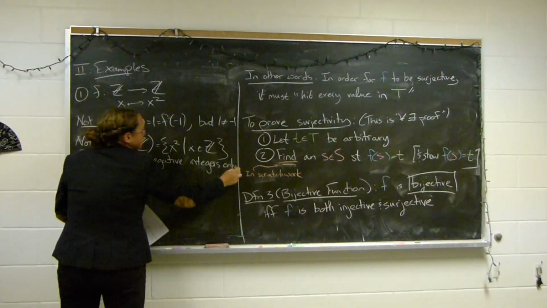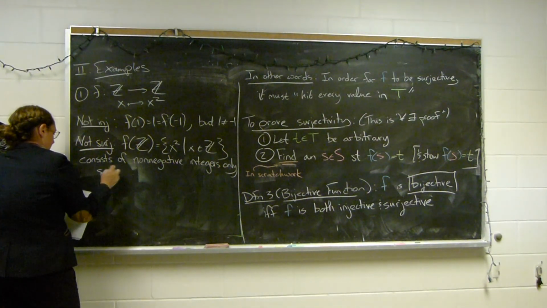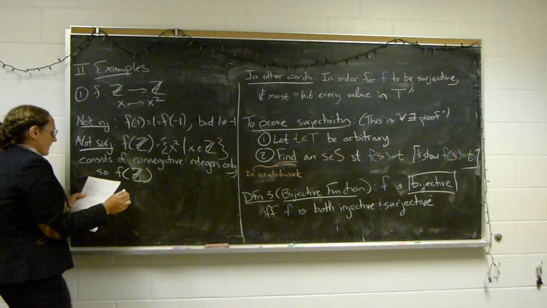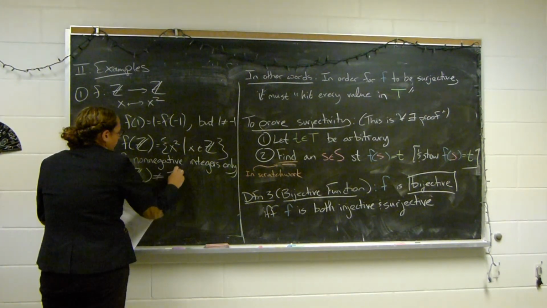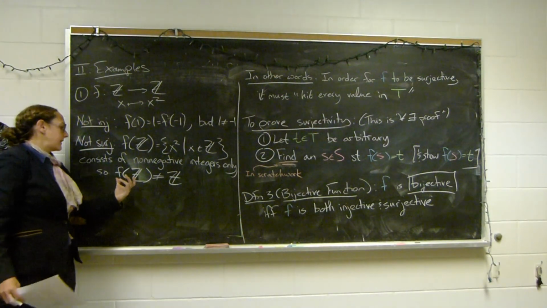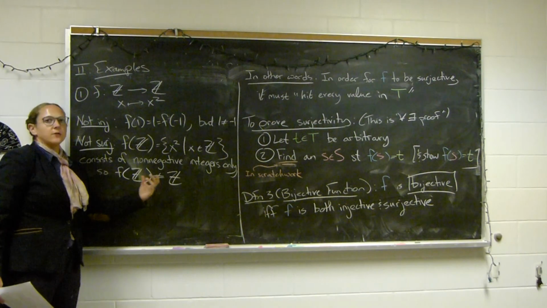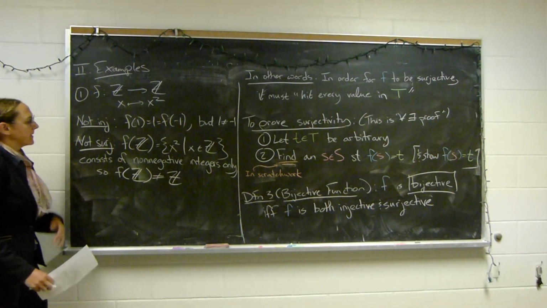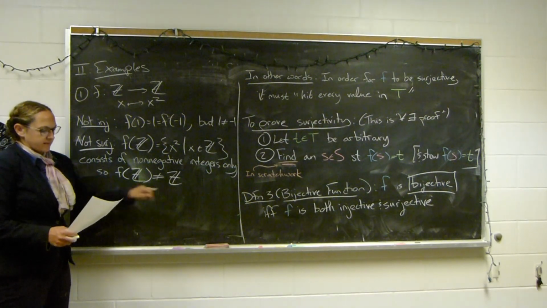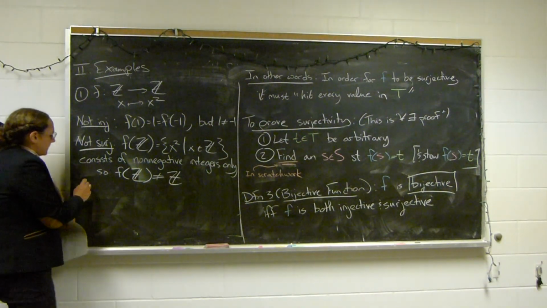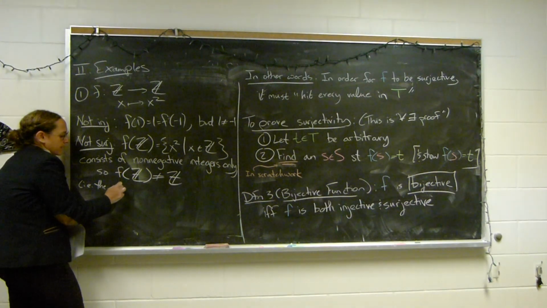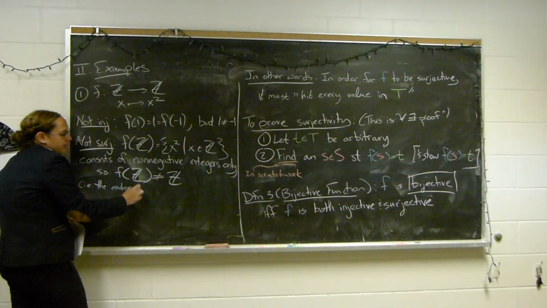So in particular, f of Z does not equal Z. That's another way to say surjectivity: that the codomain and the range are exactly the same. These are not in this circumstance, i.e., the codomain and range are not the same.